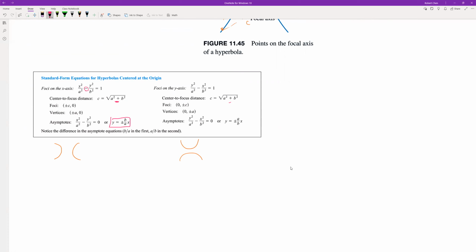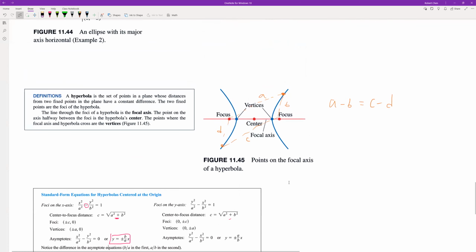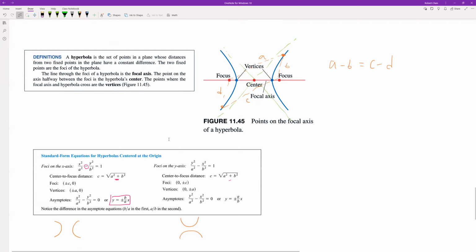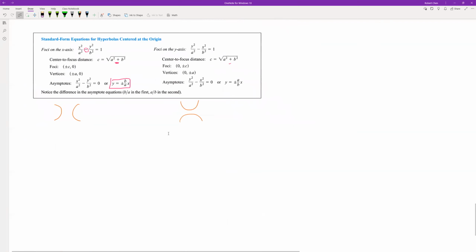We can draw dashed, slanted asymptote lines on the graph to show that the hyperbola is growing towards a certain line. We'll do all that in a second. Basically that's all the formula you need. Let's take a look at an example.